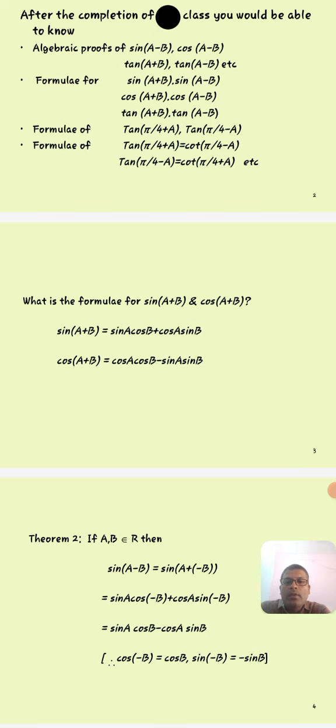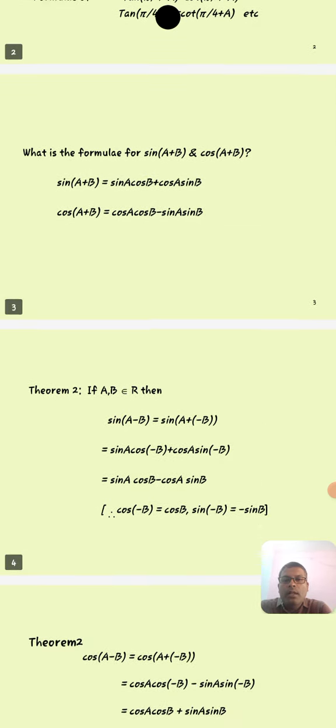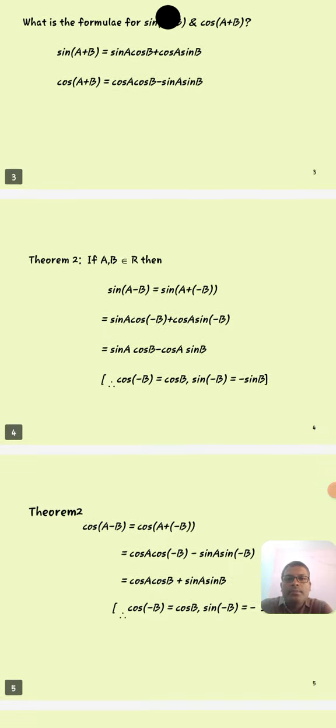Now we go to the next formula, like the theorem. You observe, if a, b belong to R, then sine of a minus b is equal to sine of a plus minus b, that is equal to sine a and cos of minus b.